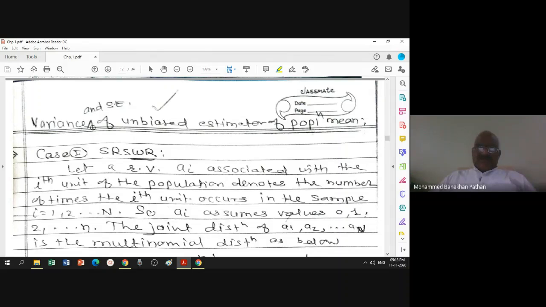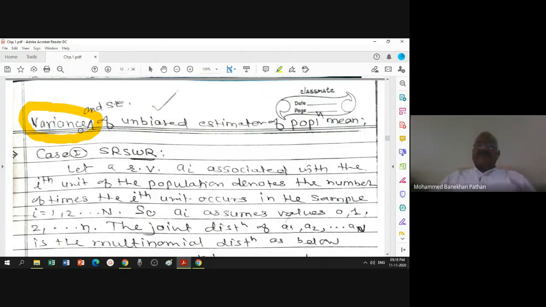Now what does this topic tell you? This tells how to calculate the variance. What is the variance of the unbiased estimator of the population mean? That means under this topic, we'll try to find the variance of the sample mean.